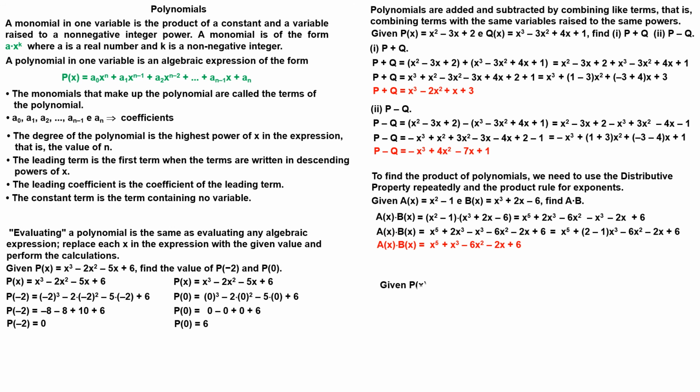Let's see another example. Distribute each term of the first polynomial to every term of the second polynomial. Be careful of the signs and always remember to add like terms.